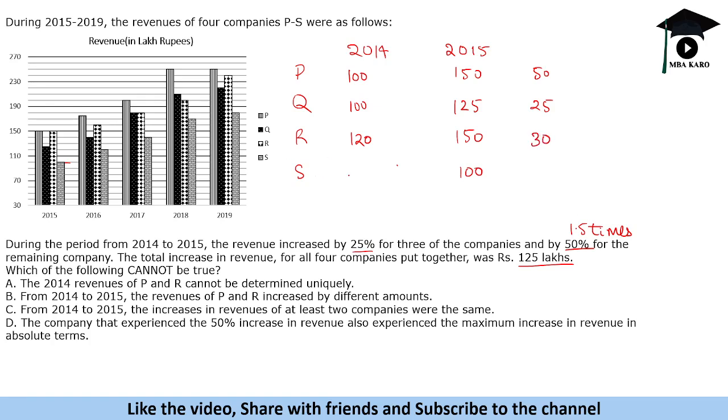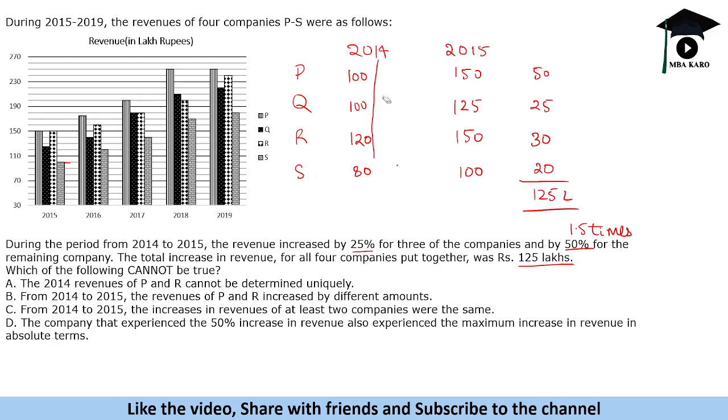Okay, and the last one, S, must have gone from 80 to 100, an increase of 25. So if we see, the total increase is: 100 to 150, 50; 100 to 125, 25; 120 to 150, 30; and 80 to 100, 20. This is 125 lakhs, which fits the condition.